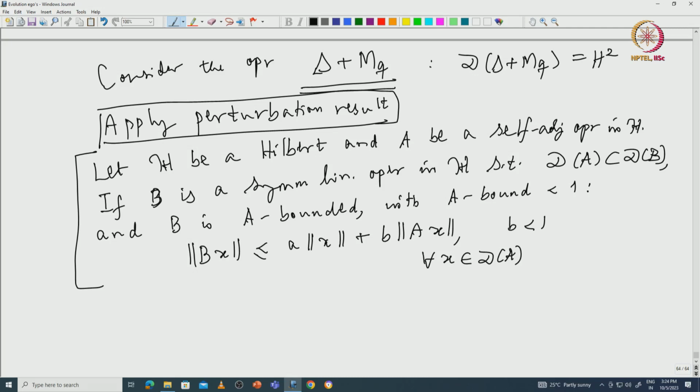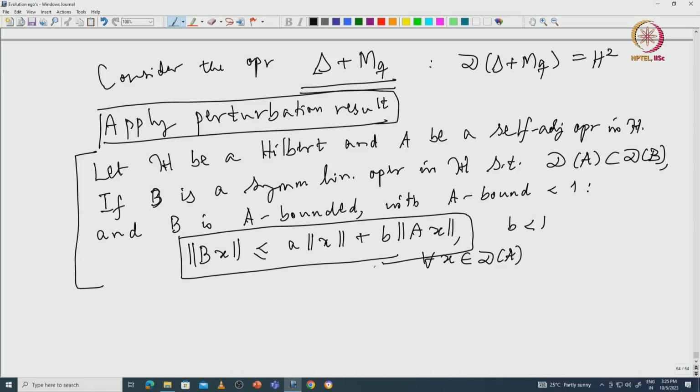That is the first condition, and since Q is real, it is automatically symmetric. The main thing is this estimate, this very crucial estimate that we have to obtain for the multiplier operator MQ.